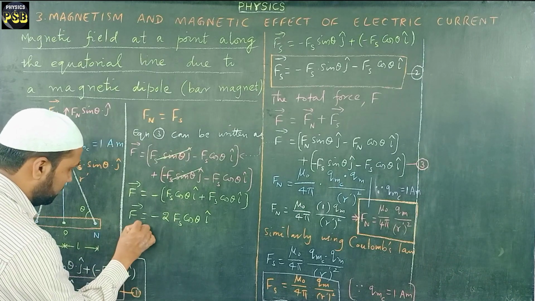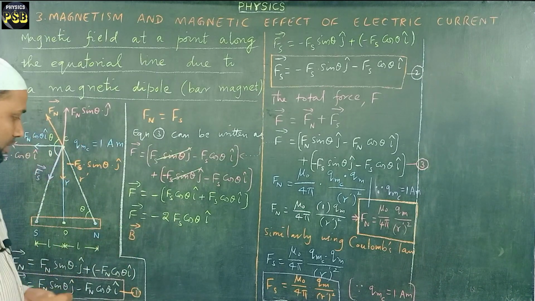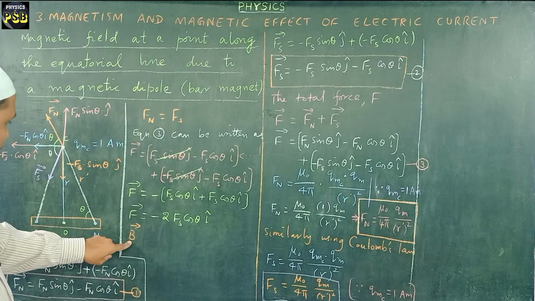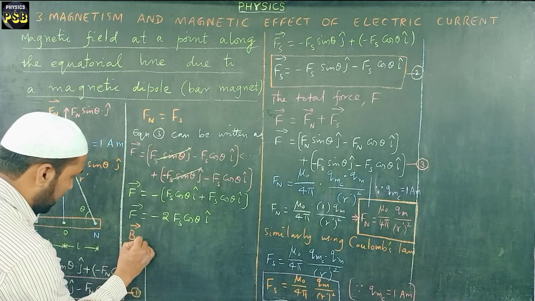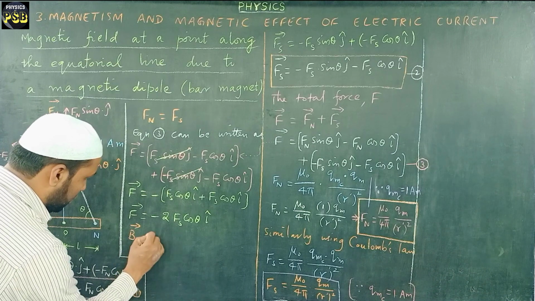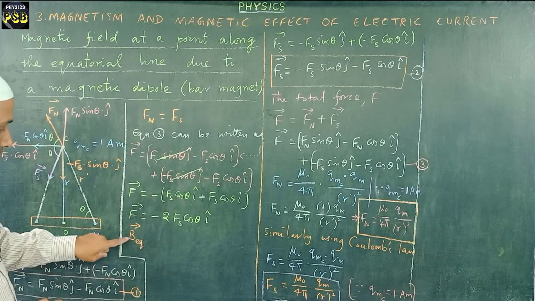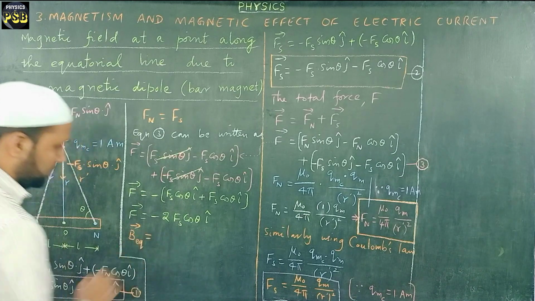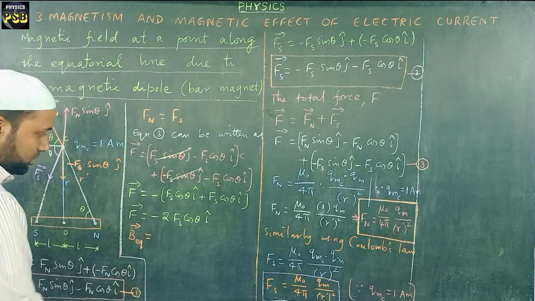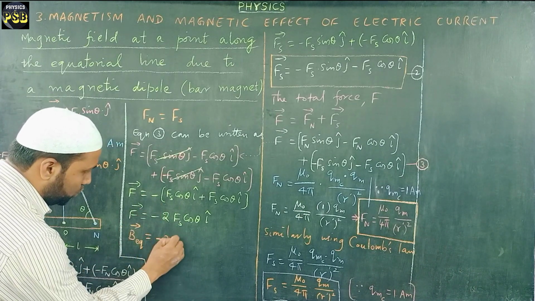Here this is the magnetic field at point C, which is along the equatorial line, so B equatorial, B EQ. It stands for the magnetic field at a point along the equatorial line. Clear?